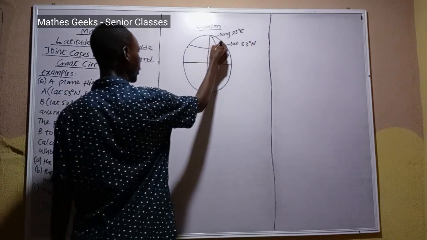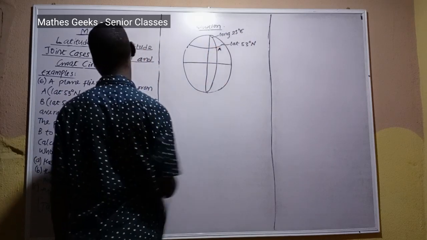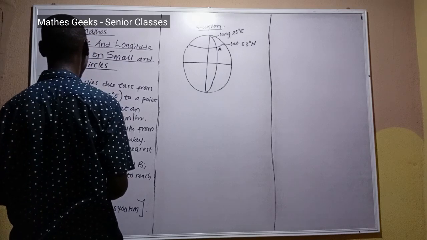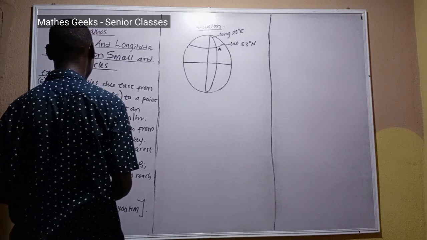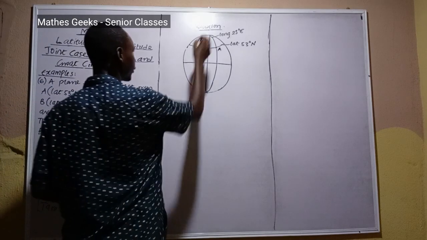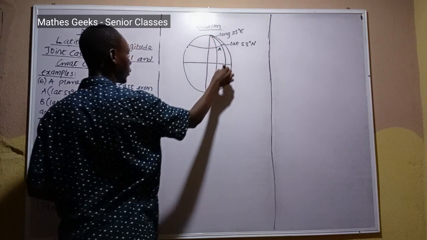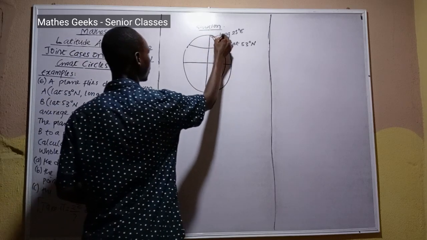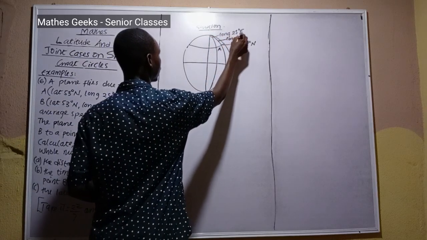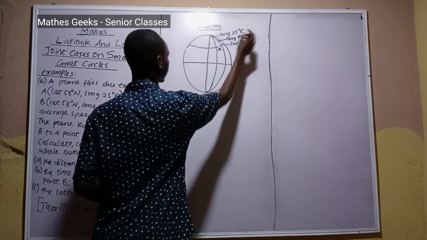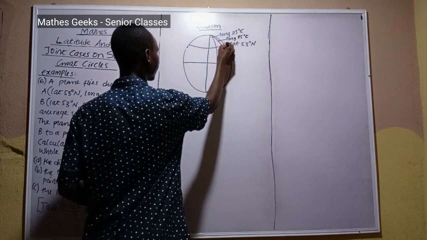So this is point A. And so point B, same latitude, 53 degrees north, longitude 85 degrees east. So this is longitude 85 degrees east, point B.